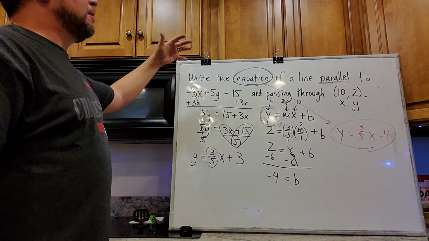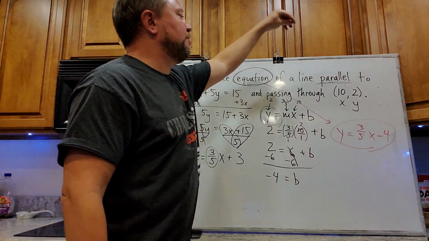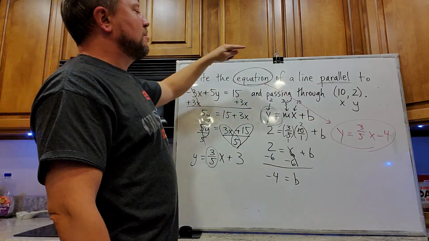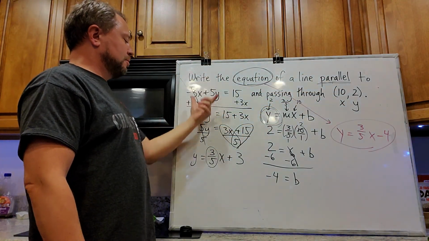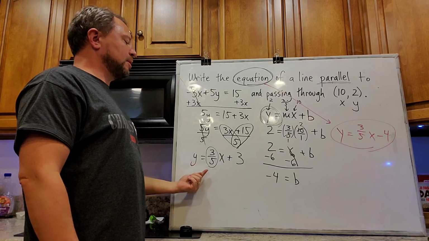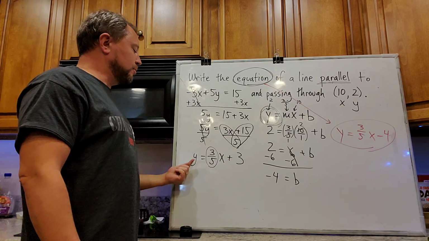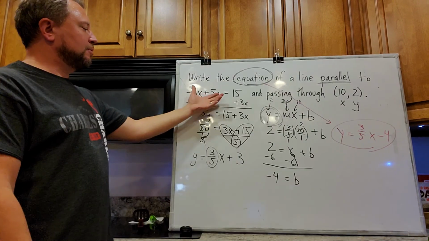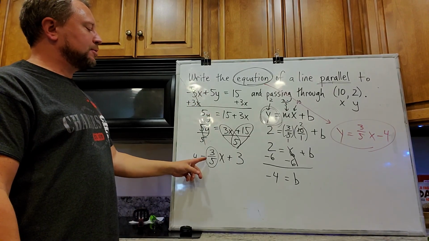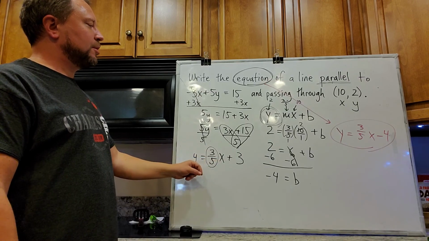Okay, so again, they wanted us to come up with an equation parallel to this, passing through that. So I took this, I solved for y, so I know my slope. If it was already solved for y for you, that would be a lot easier. You don't have to do all this work then. You would just be able to steal this 3/5 for your slope.